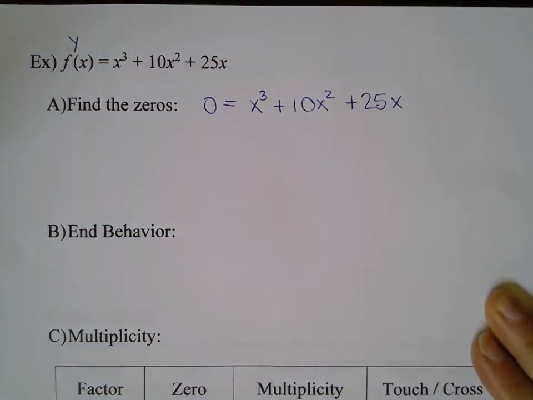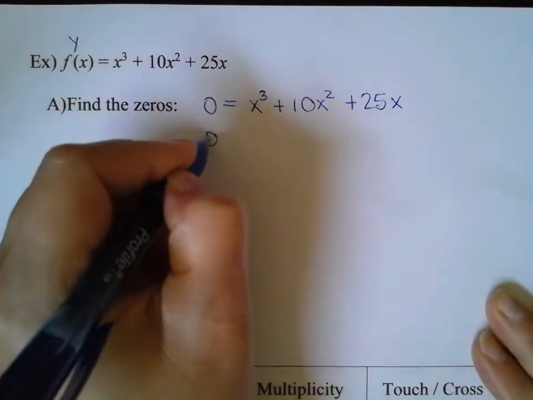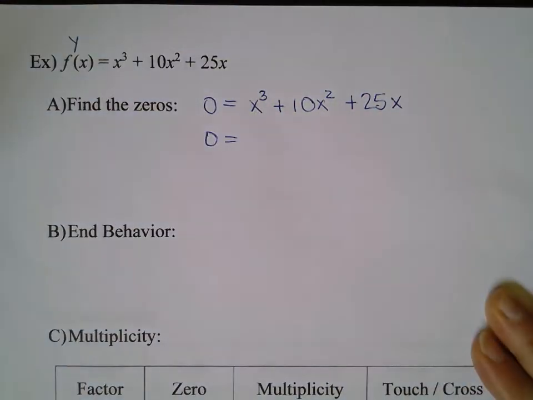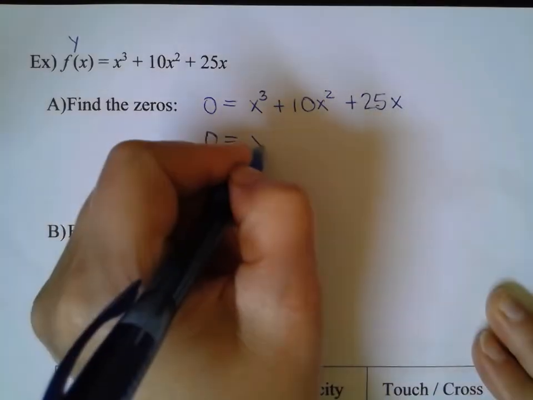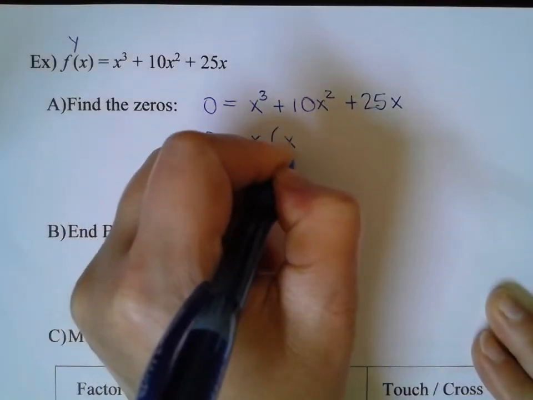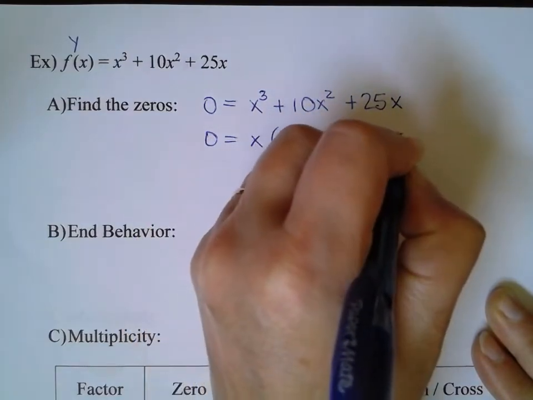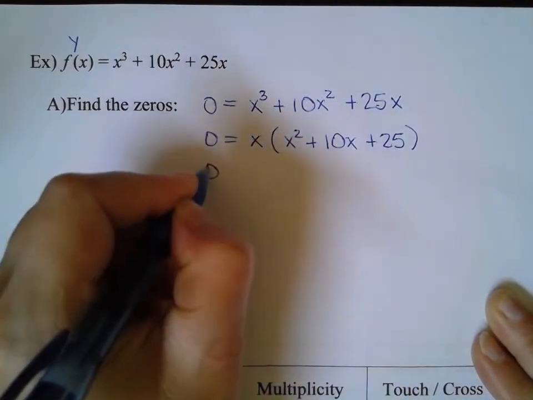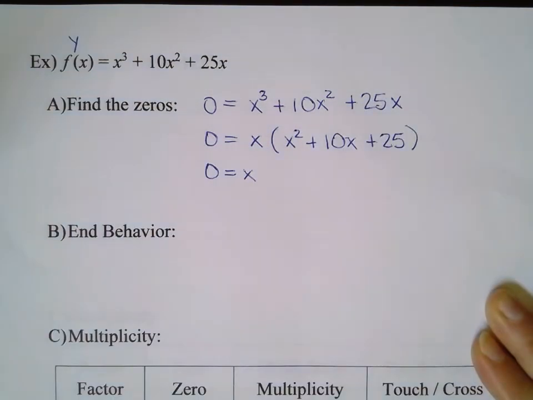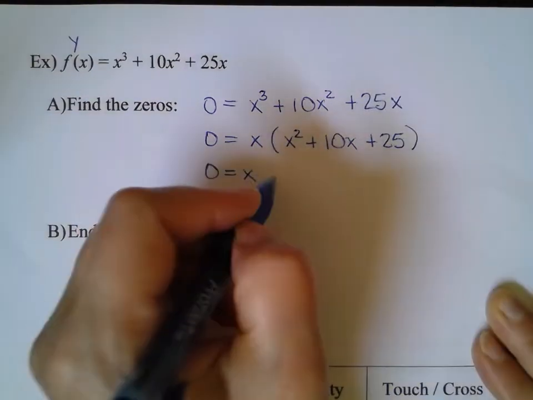This one would be good to solve by factoring. So I see that they all have an x in common. So I'm going to pull out a GCF of x. And then I can factor what I have left.